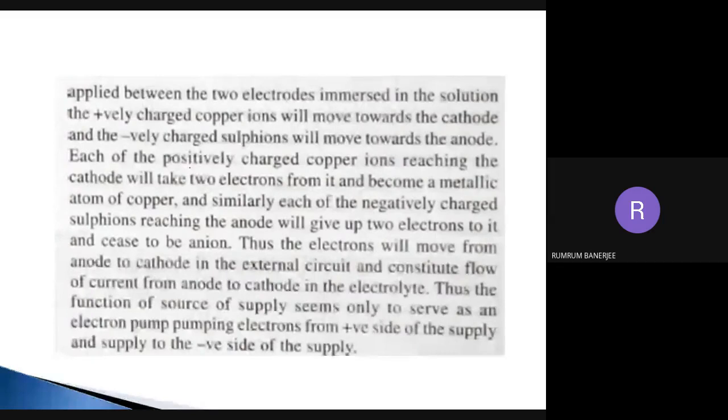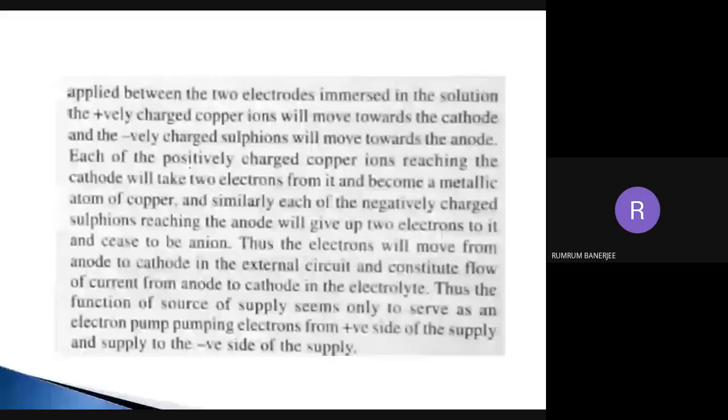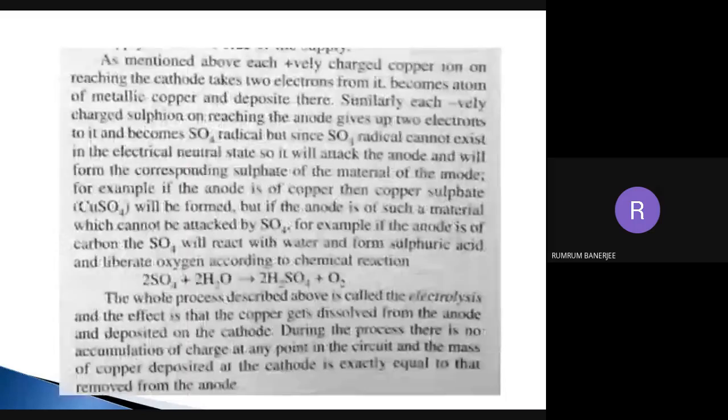The mechanism of anode and cathode, movement of positive and negative ions, basically forms the electrolysis process. As mentioned previously, each positively charged copper ion on reaching the cathode takes two electrons from it, becomes an atom of metallic copper and deposits there.